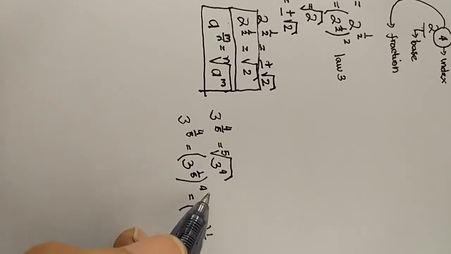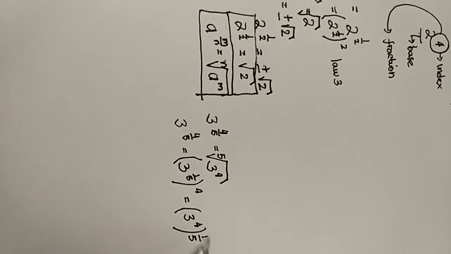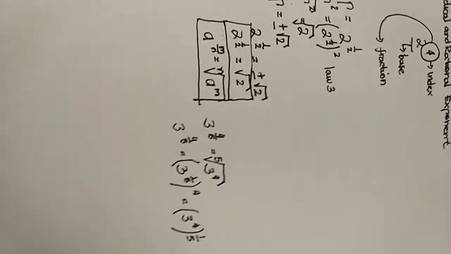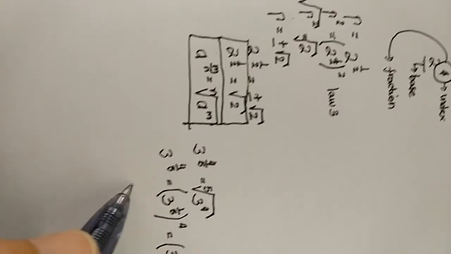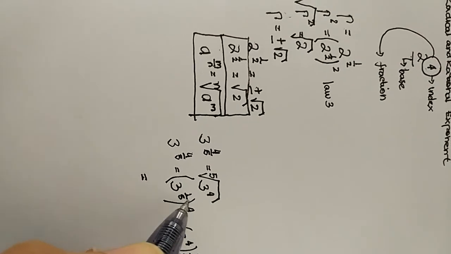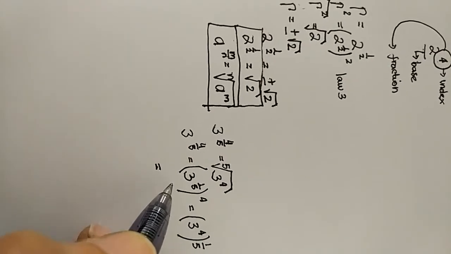Now I will convert these two using a radical sign. Take 3 to the power of 1 over 5 again.